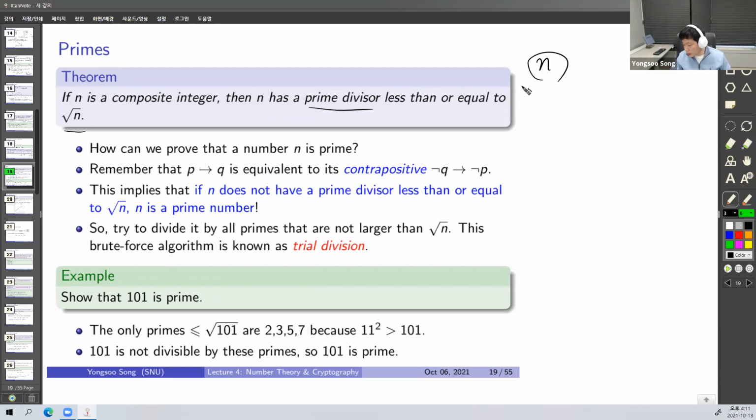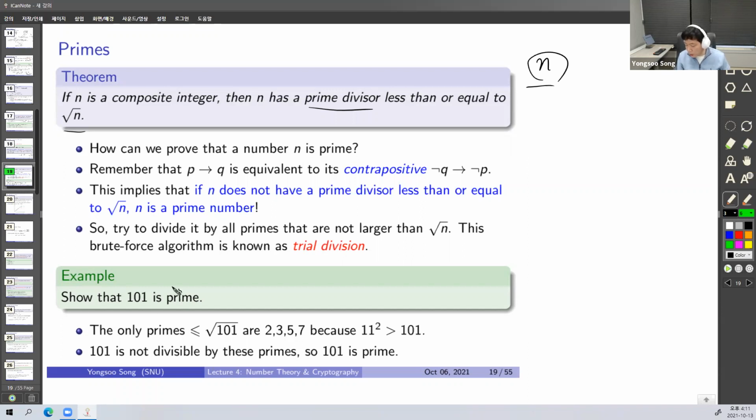When you just want to test if a given integer is a prime or not, what you can do is just try to divide this integer n by all primes which are not greater than square root of n. This is called trial division.